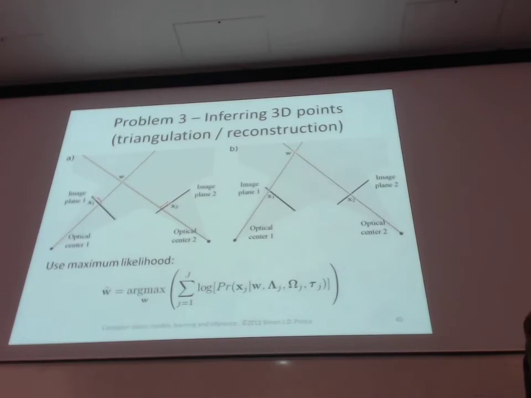Problem number 3, reconstruction. We have J cameras, in our case a camera with a ray coming out. We know which ray we're in because we've determined which pixel here corresponds to which pixel in the projector. And in this case the point in question is sitting right there in the camera image, and it's sitting right there in the projector.